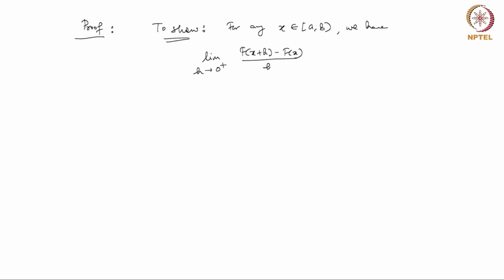So we have to show that for any x in [a, b), with a included and b excluded, we have that the limit as h tends to 0 plus of (F(x+h) - F(x))/h is equal to f(x).